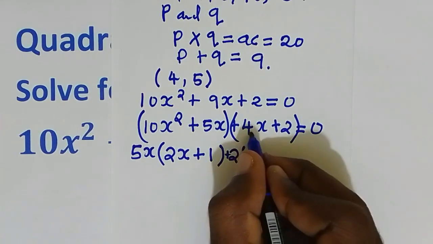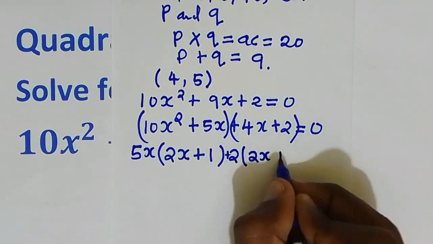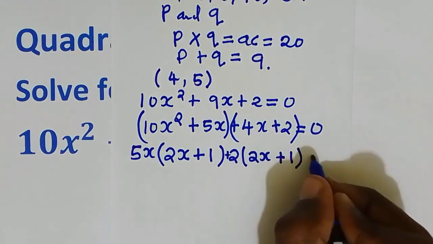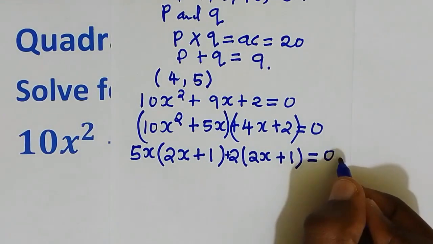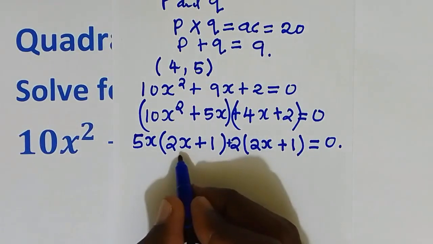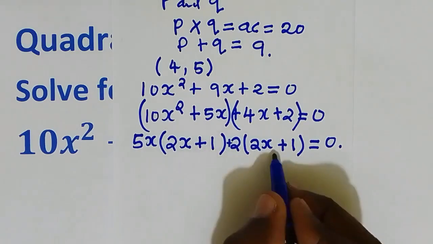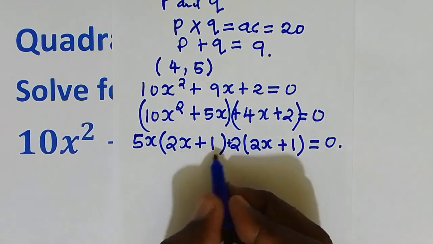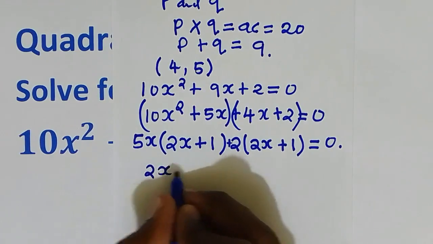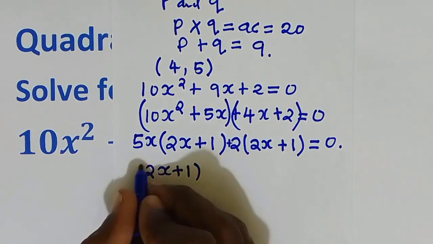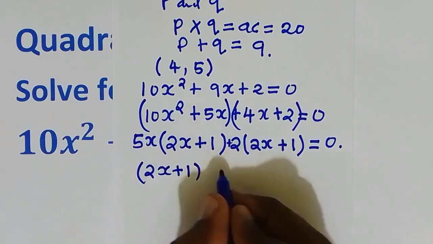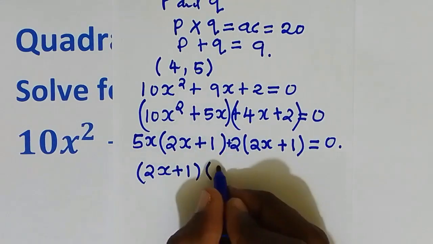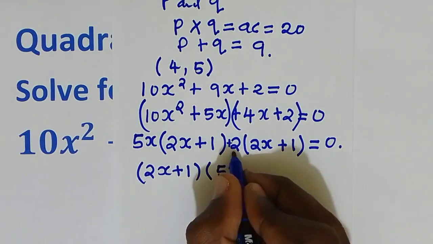I'm going to remain with 2x plus 1. This is equal to 0. Here, I'm going to factor out the common factor, that is 2x plus 1. I'm going to remain with 5x plus 2.